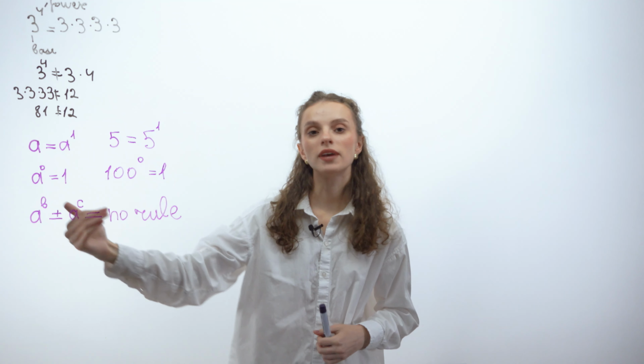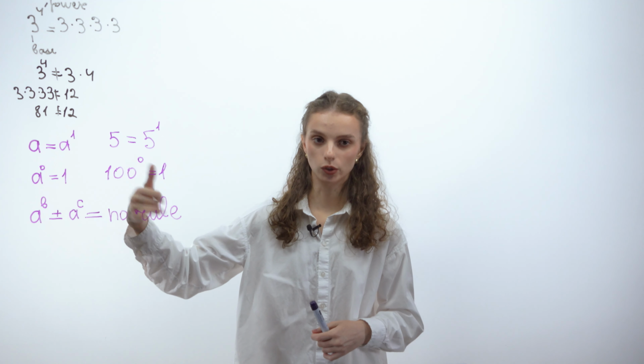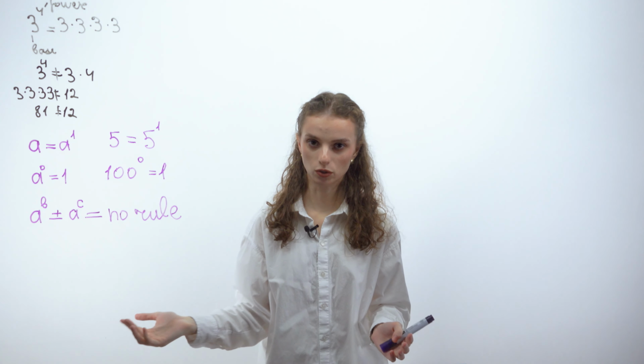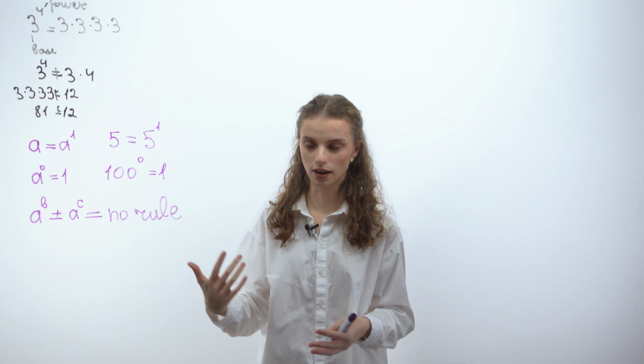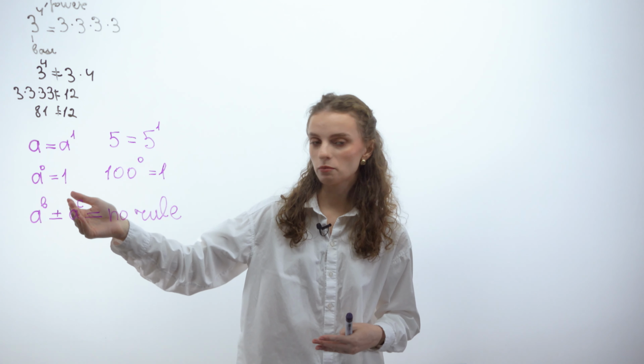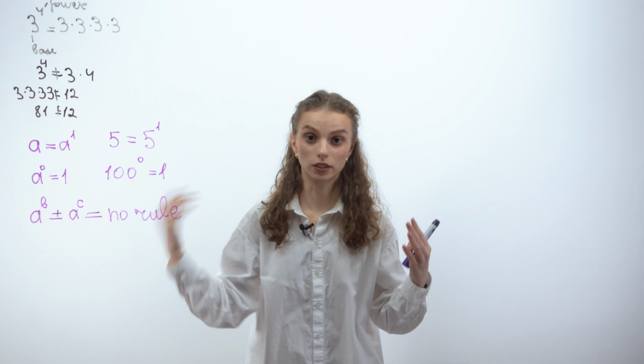So even if the base is the same, you cannot add or subtract your exponents. It's just not going to work. If you forget this rule, try to plug in some numbers. I don't know, like 3 to the 2nd power minus 3 to the 1st power. And you will see that they are not the same.